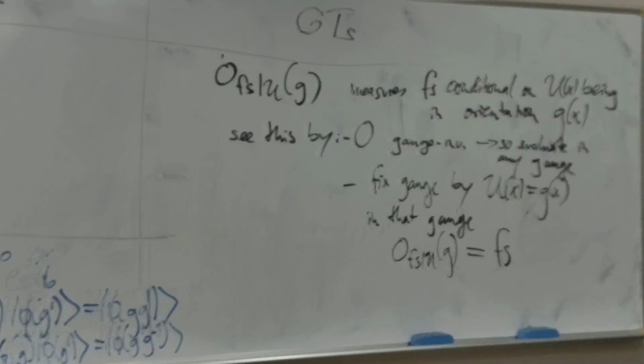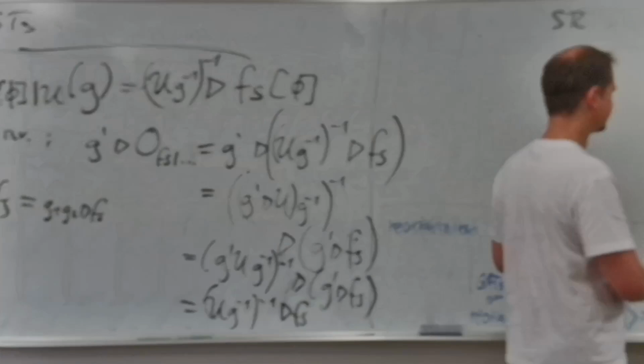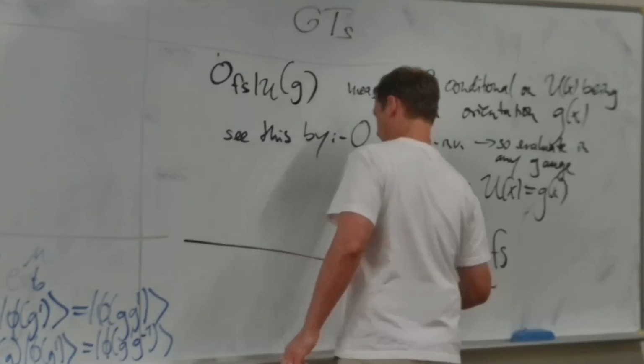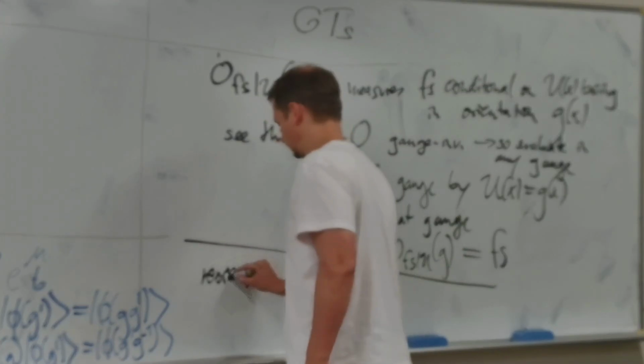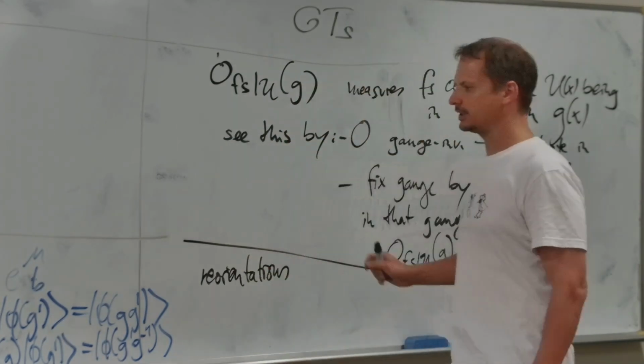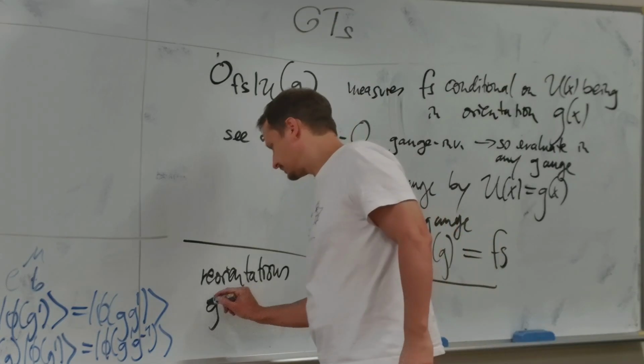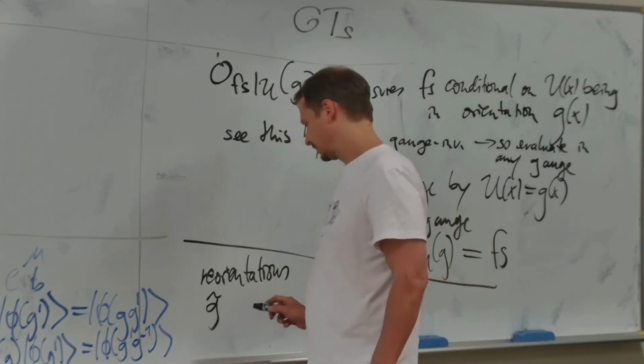So, and then the other thing that we can also see is when we again look at reorientations. So I suppose I wiped this off, but if you recall what I had there, so that's G tilde.